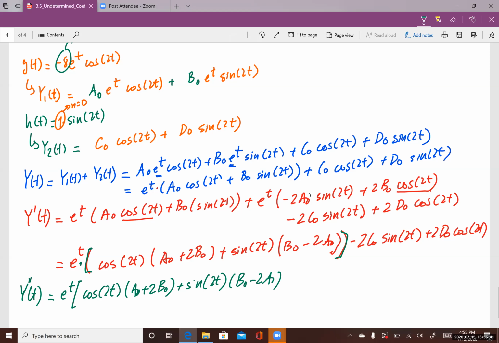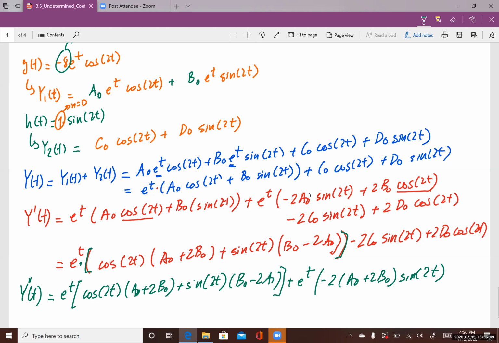Okay, this is first, and then I need to add e^t with the derivative of this function. So it's going to be (negative 2a0 plus 2b0), cosine becomes sine 2t.